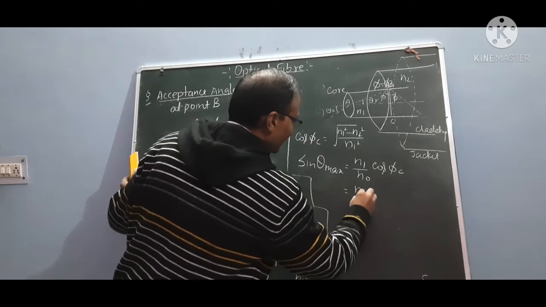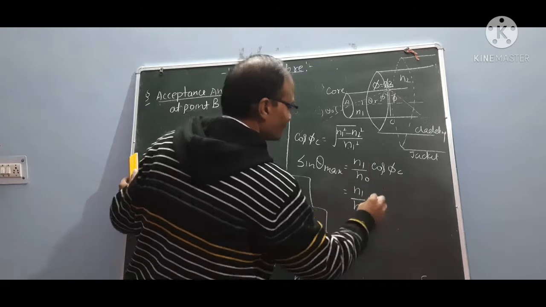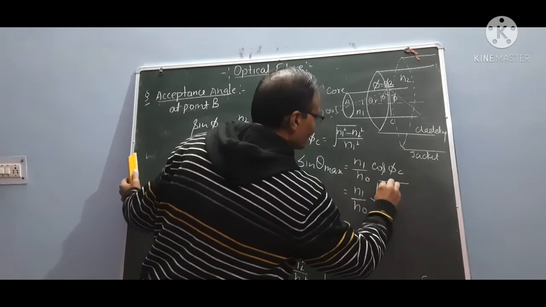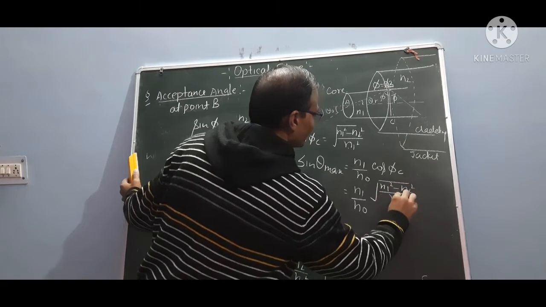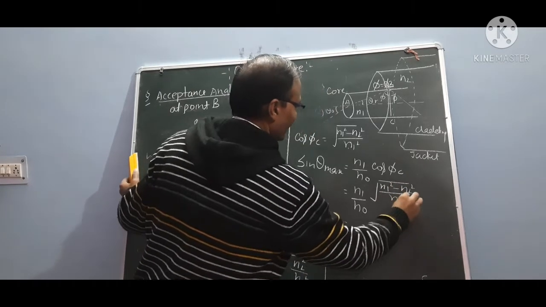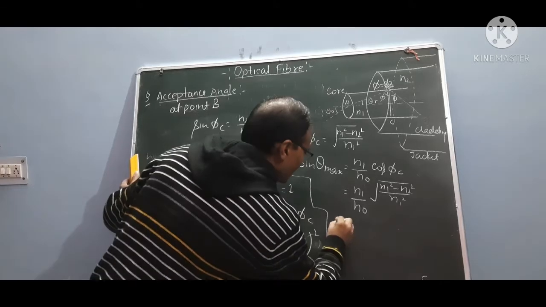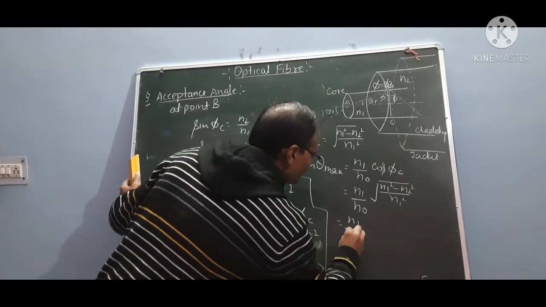So the value is N1 upon N0 under root N1 square minus N2 square upon N1 square. We are taking the under root.